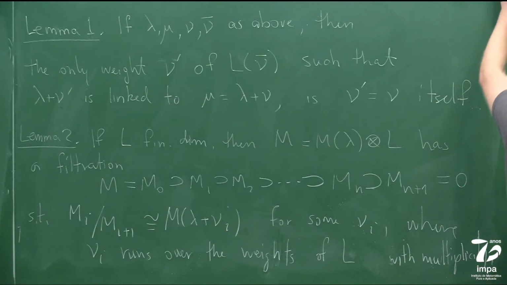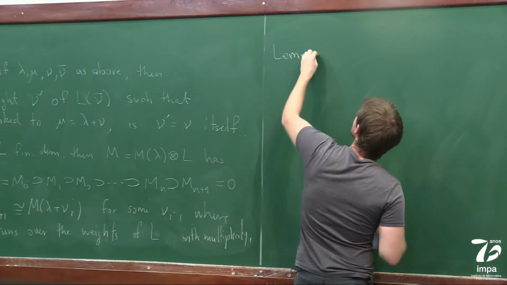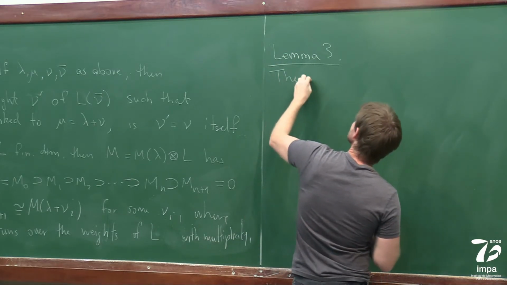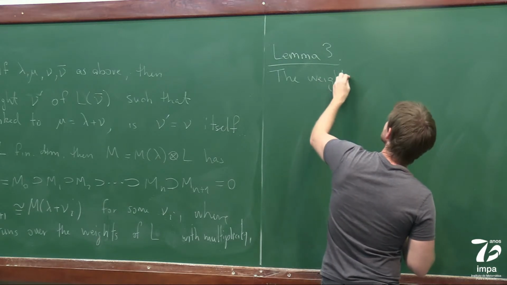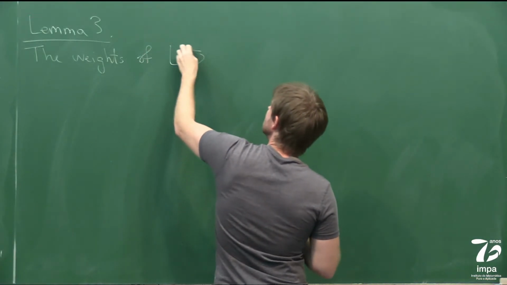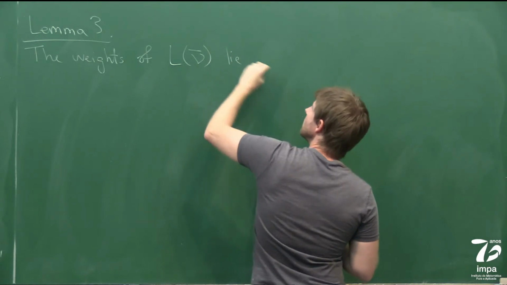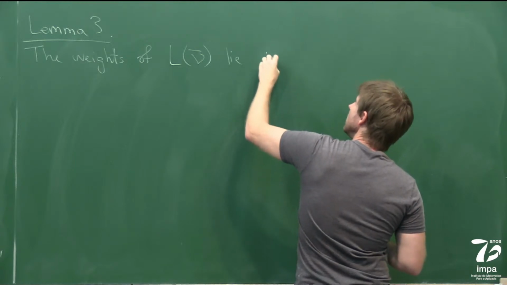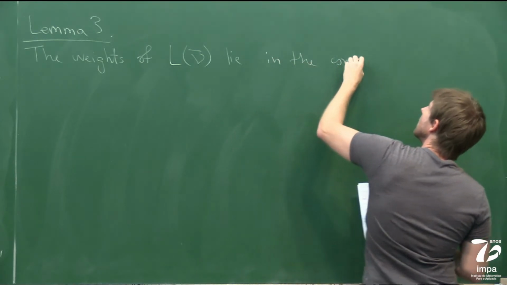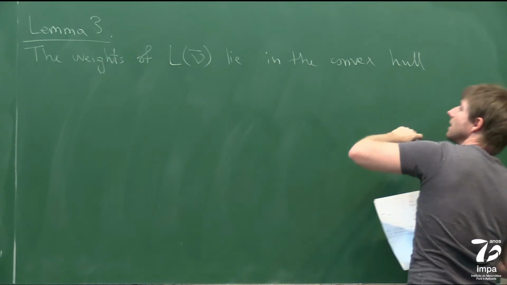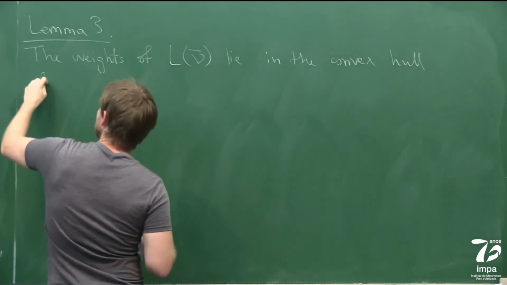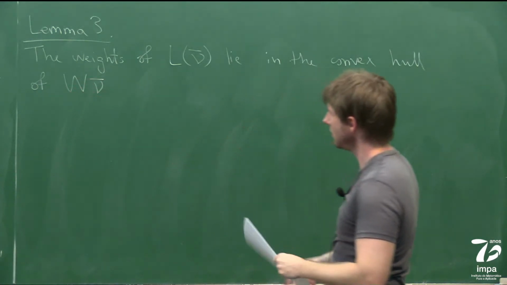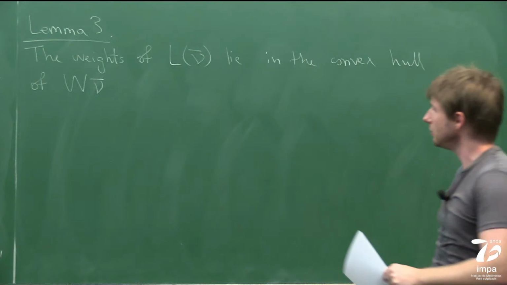Lemma 3 is a classical fact in representation theory, that the weights of this lie in the convex hull of the W image of nu bar.